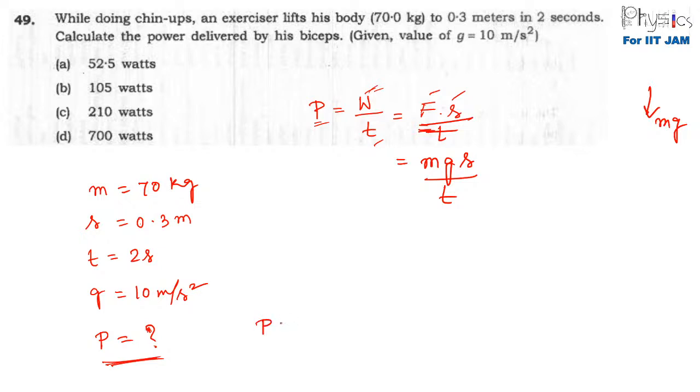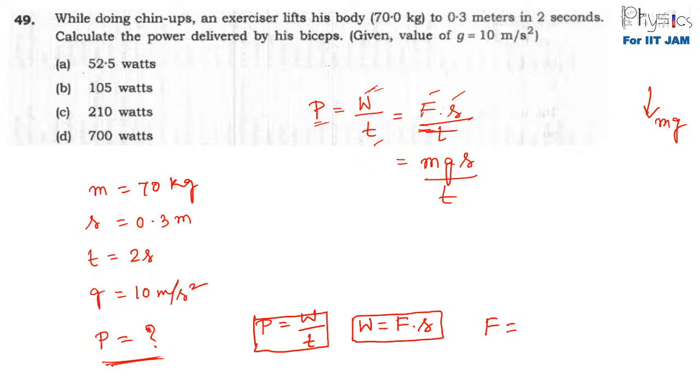So we have the formulae, that is P equal W by T, that is power equal work done by time, W equal force times displacement, right?